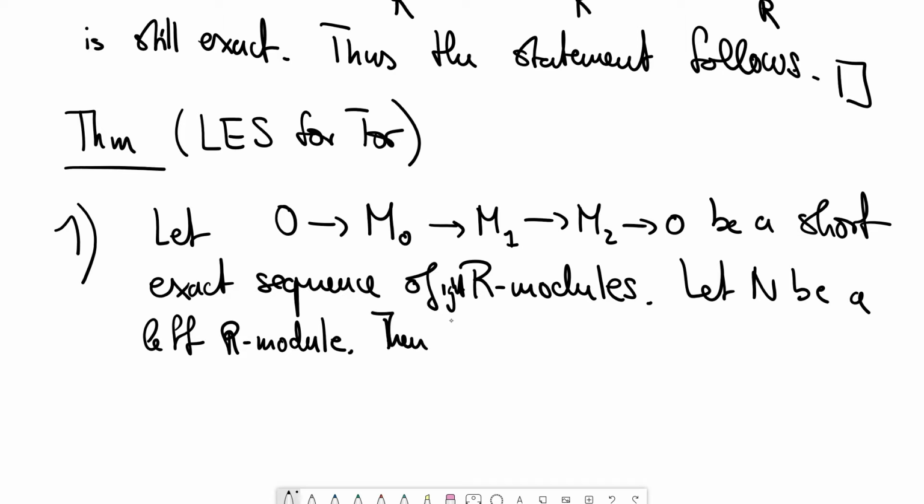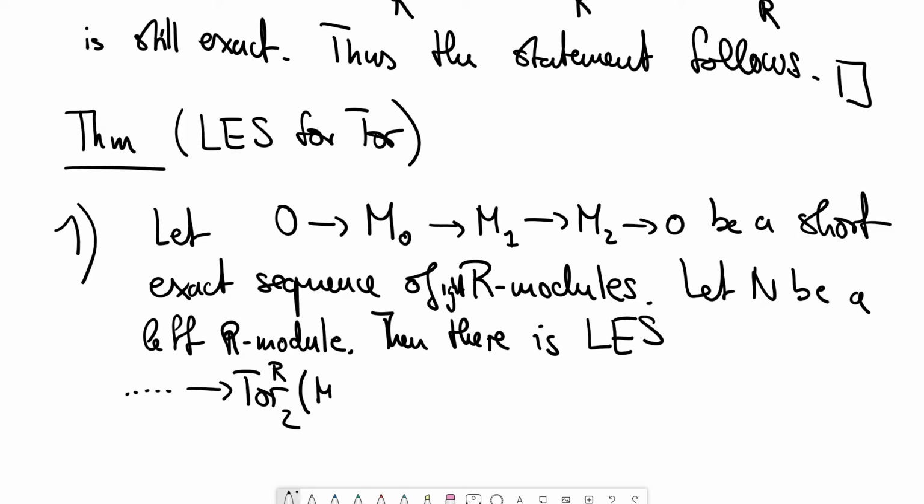And in that situation, there is a long exact sequence of the Tor terms. Let's call this 0.